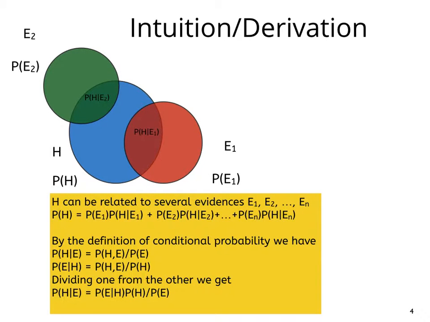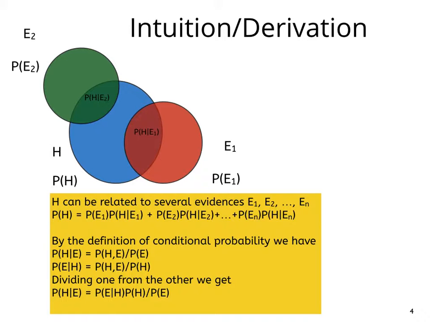To get an intuition about how this Bayes rule is derived, we can consider this hypothesis, which is shown here in a blue circle, which is covered by two types of evidence, E1 and E2. And because of this, we can write this hypothesis as coming up of several factors.